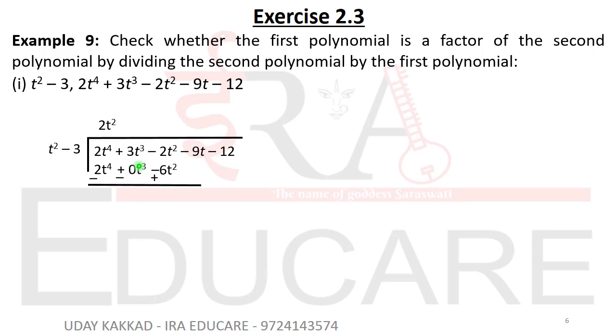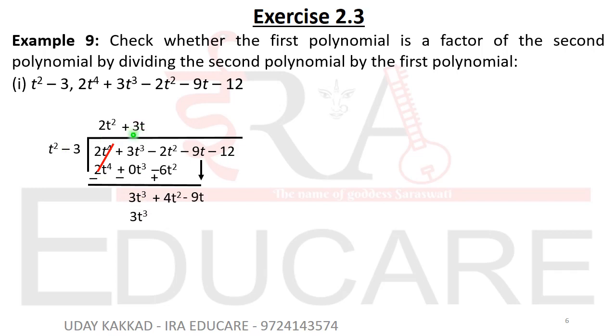Change the sign. 2t raised to 4 gets cancelled, so you get 3t cube and plus 4t square. Now minus 9t is carried forward to the next. Now this sign will be copied here, so plus. Now here t cube and here t square, so multiply by t, and 3 is there, so 3t cube.